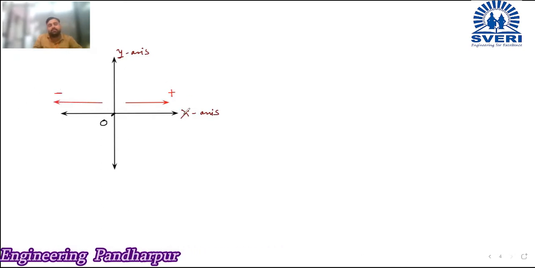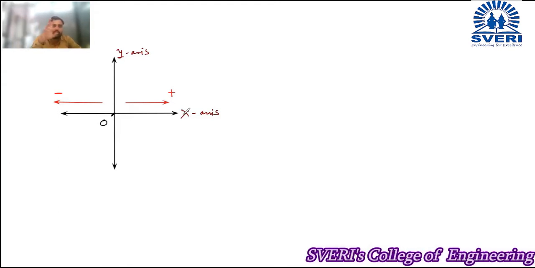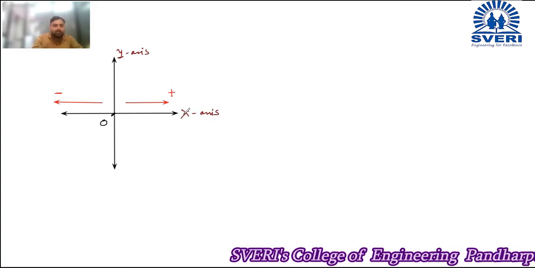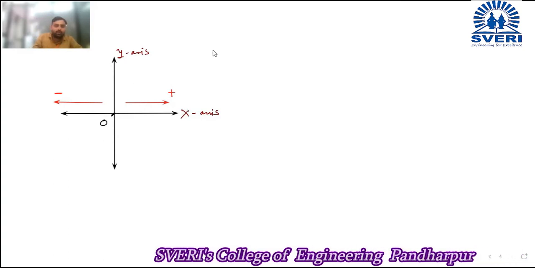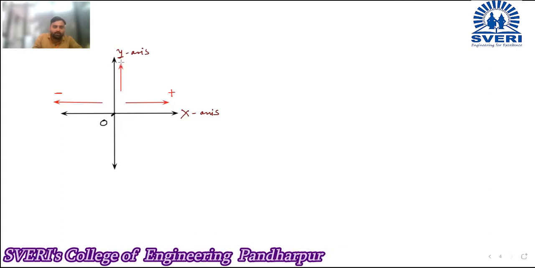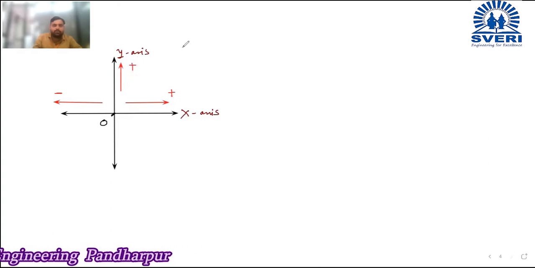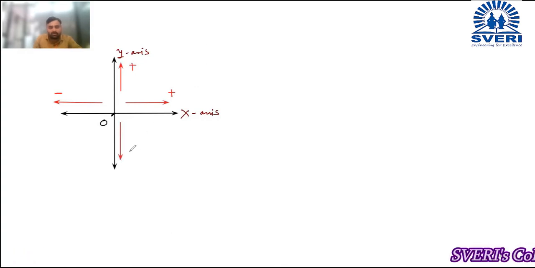This is for summation Fx. When the force is rightward, you take that force as plus, and when the force is leftward, you subtract that force. Similarly, when the force is moving upward, we consider it positive, and when the same force is moving downward, we consider it negative.